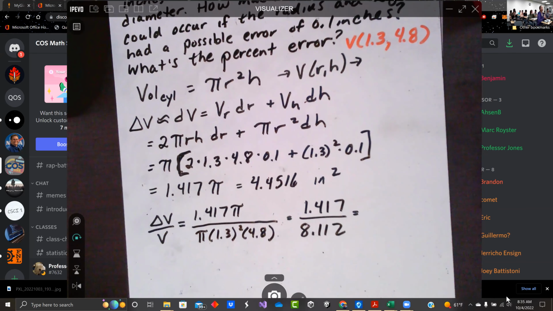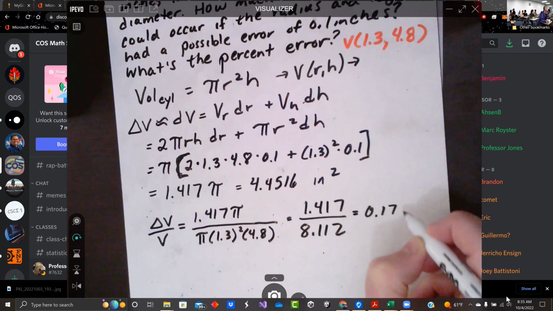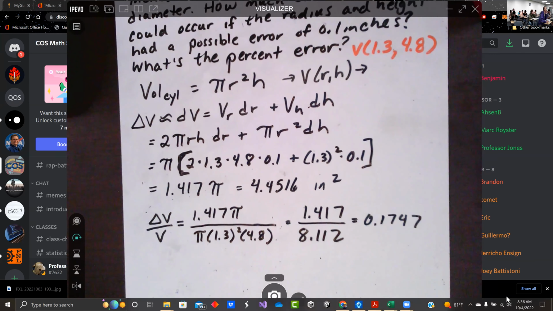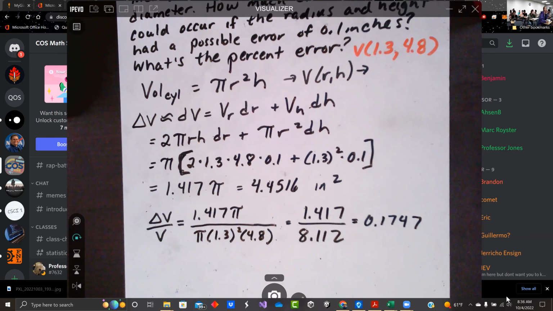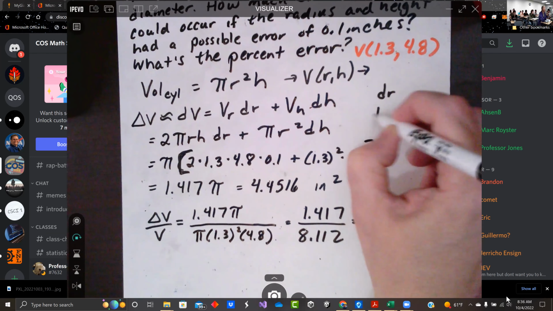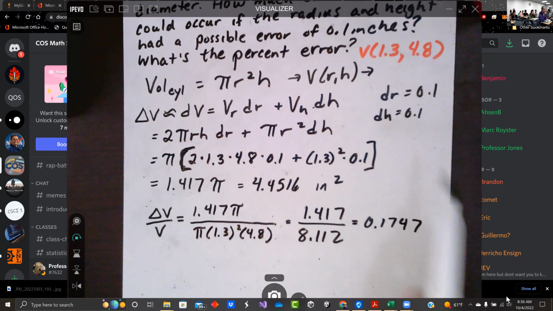I got a question. I saw the question saying the possible error is 0.1 inches. That's what dR and dH are. So the change to the radius is gonna be half of that, because diameter?